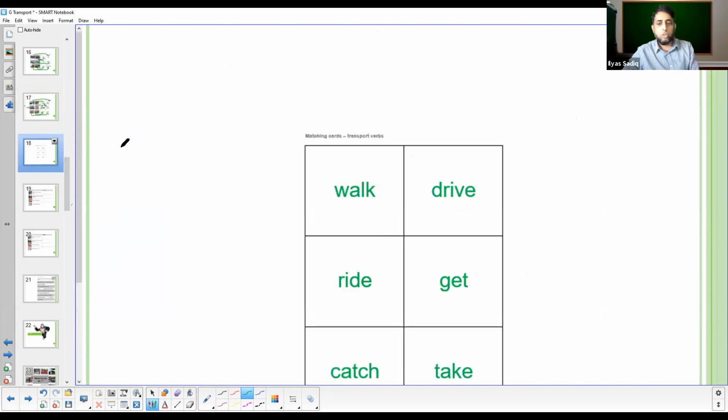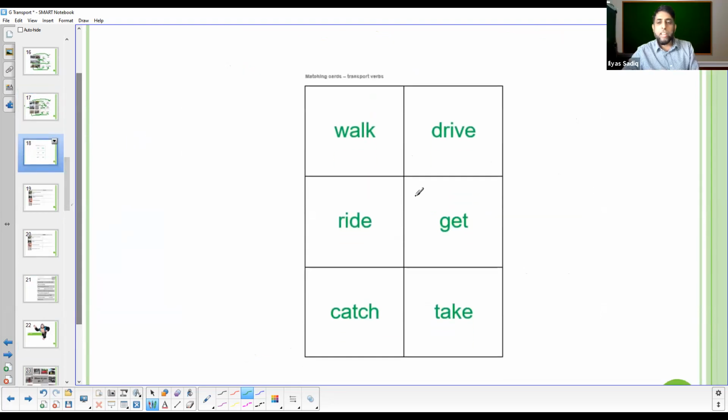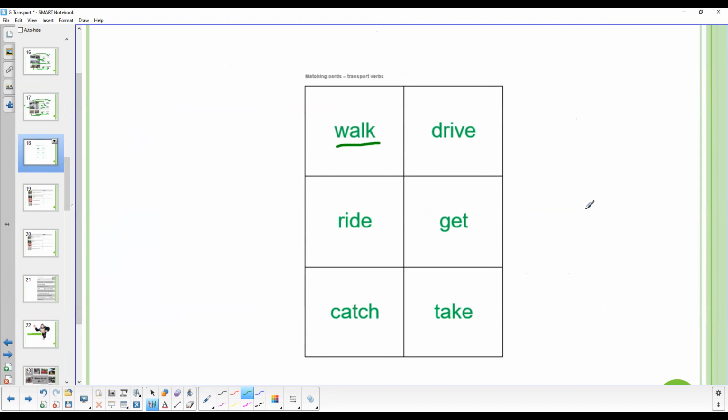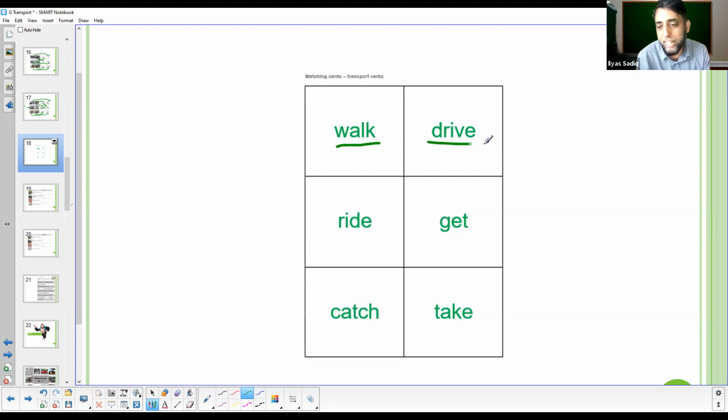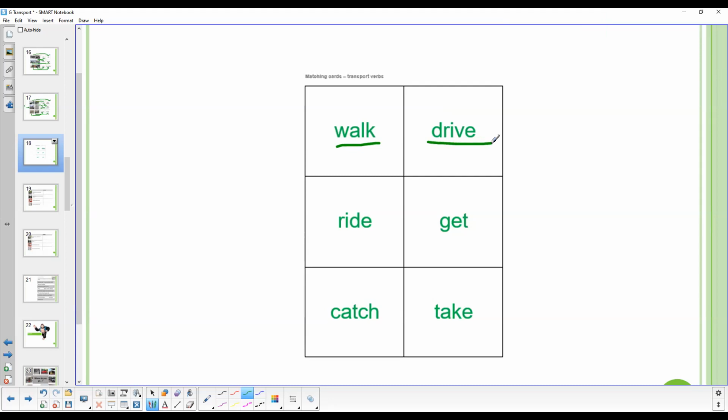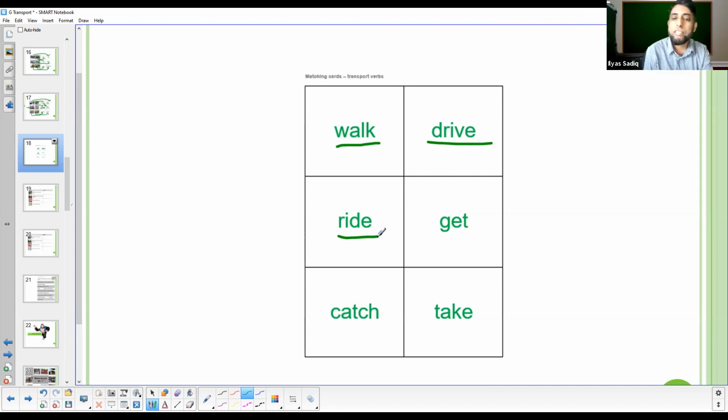Okay, so then when we go on foot, what is it called? We walk. On foot we walk, and we can drive a car or drive a bus. We ride a bike. We ride the bike.